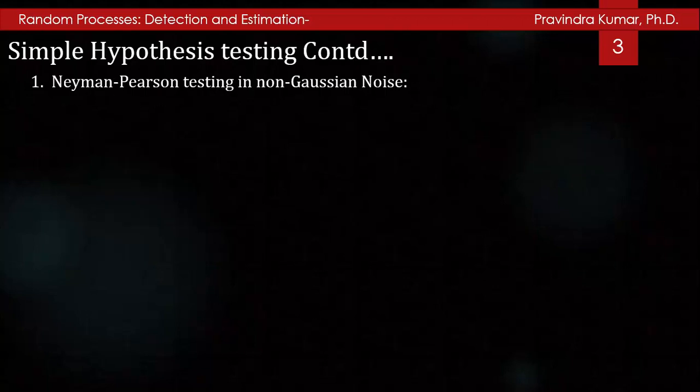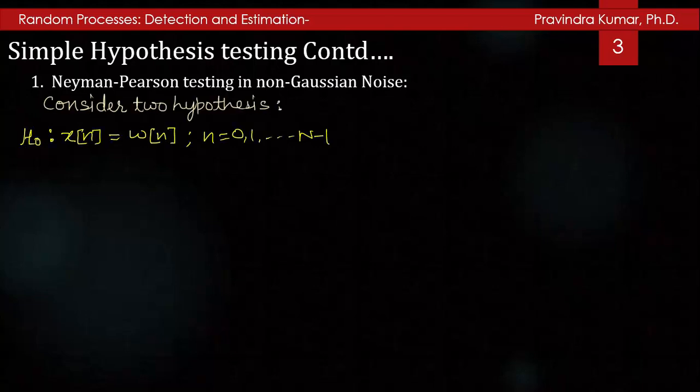Now we will discuss Neyman-Pearson testing in non-Gaussian noise. Consider two hypotheses: H0, where x[n] = ω[n], meaning in hypothesis H0 there is only noise, and hypothesis H1, where x[n] = A + ω[n], where n = 0, 1, to N-1.